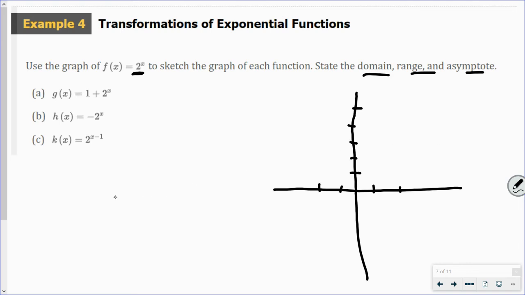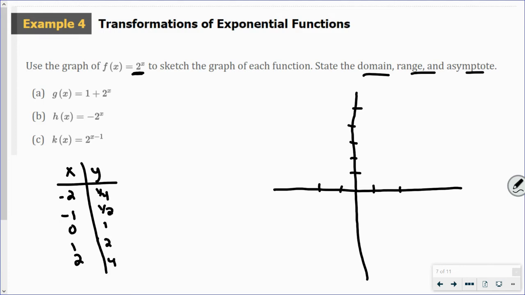I want to see your parent function table, or at least your parent function on the graph here. So -2, -1, 0, 1, and 2. That's 1/4, 1/2, 1, 2, and 4. As you keep doing this, these are going to be easy. You're going to have them memorized just like x squared or x to the third.